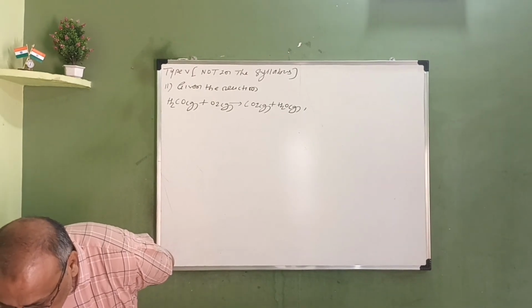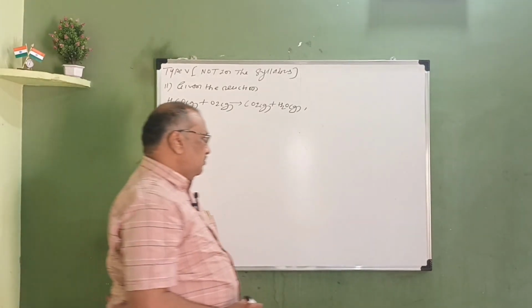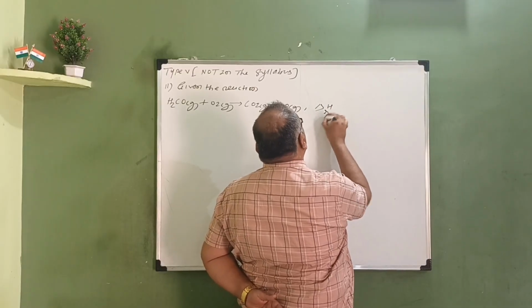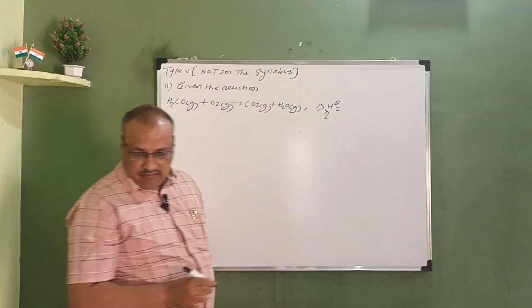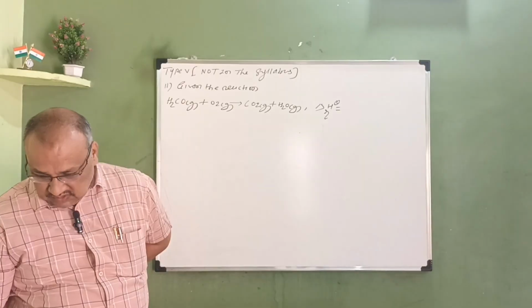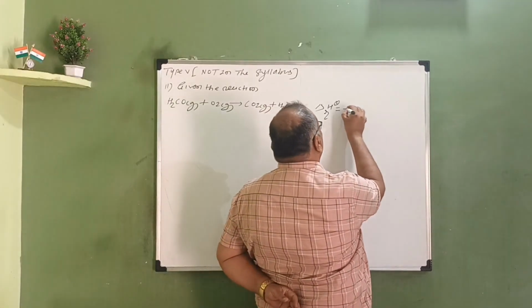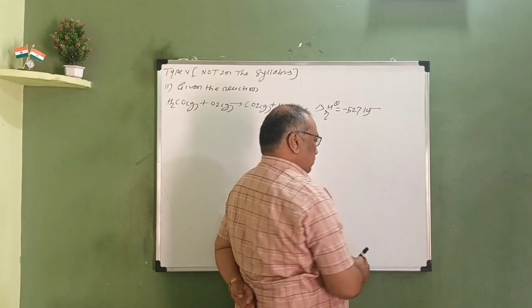Here delta H R theta equal to minus 527 kilojoule.